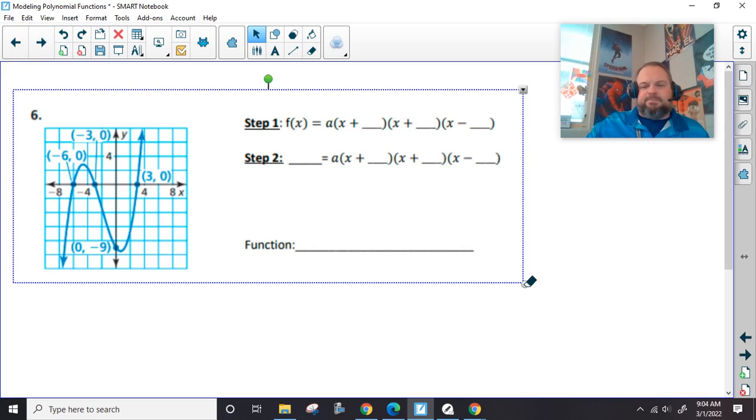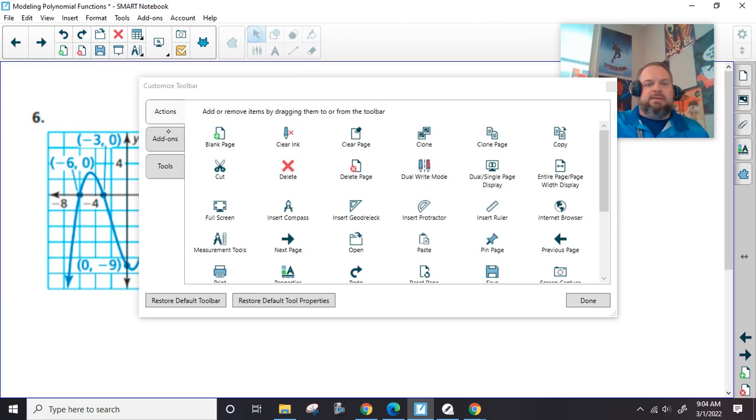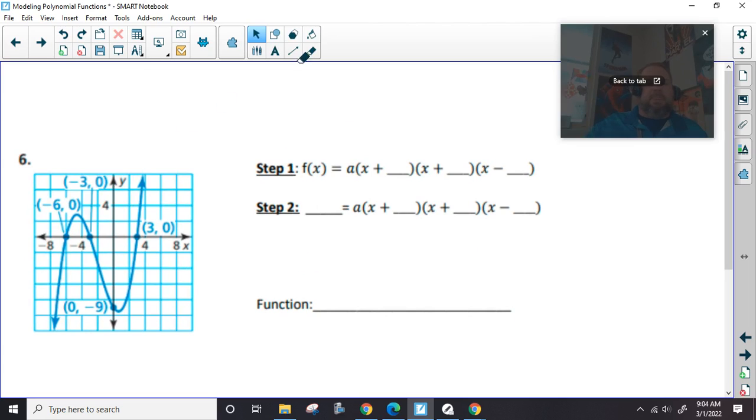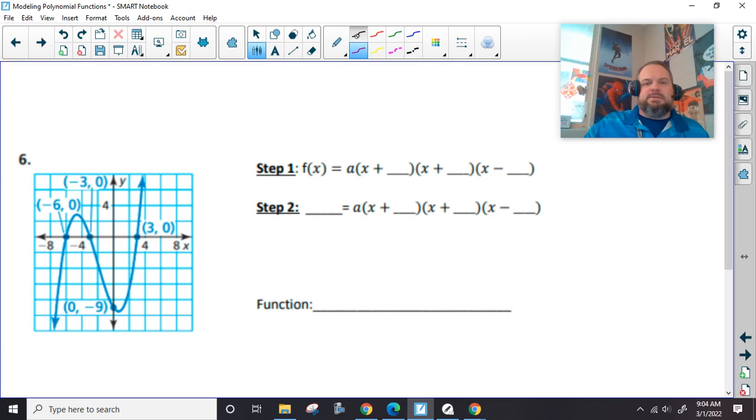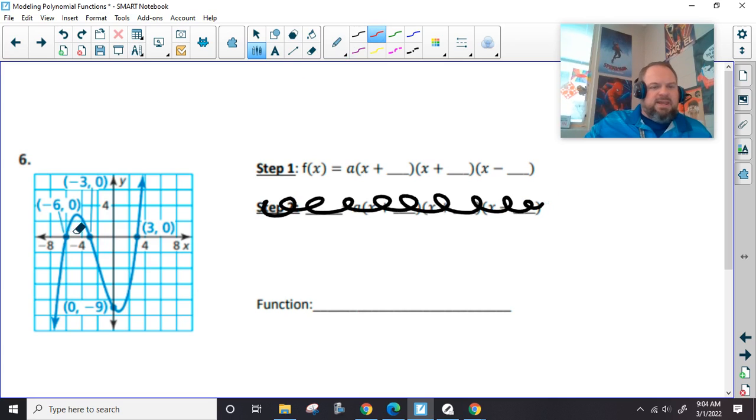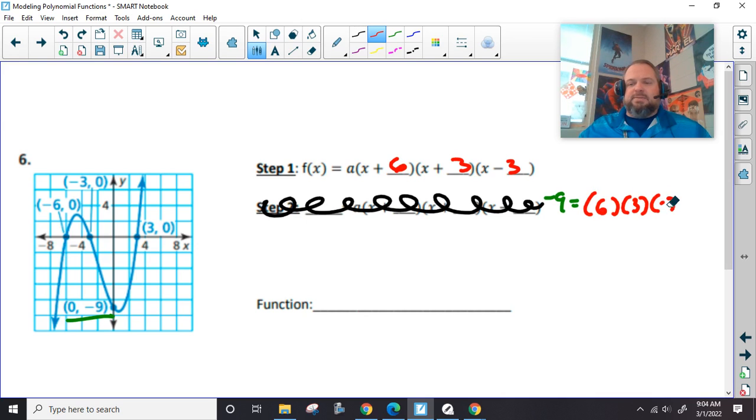All right. Bollocks. So we have a -6, so that goes in as a positive. -3 goes in as a +3, and +3 goes in as a negative. Now, luckily, they actually tell us our y-intercept right here is -9. So we're going to have -9 equals 6 times 3 times -3, and then a.